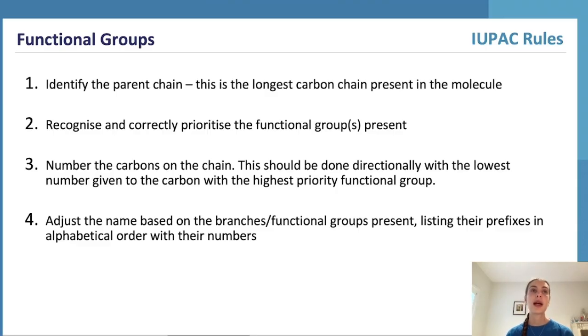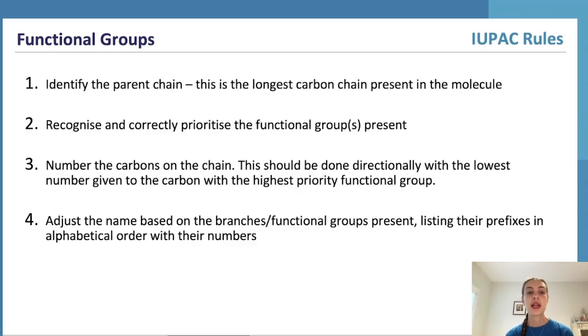So that's just looking back at our original naming of the alkanes, so the methane, ethane, propane, butane, pentane, continuing on. And so that will determine generally what the prefix is going to be for the molecule.